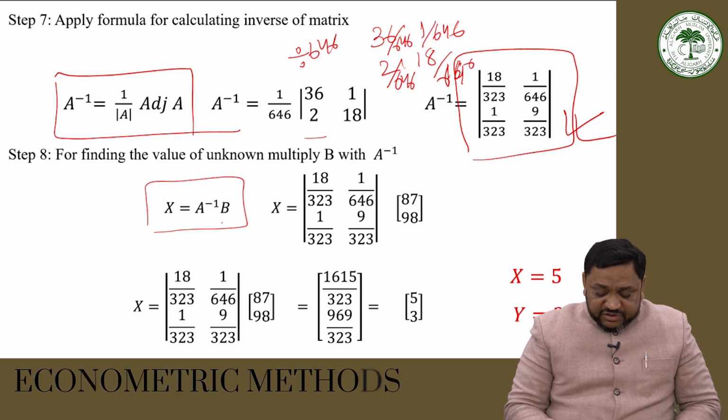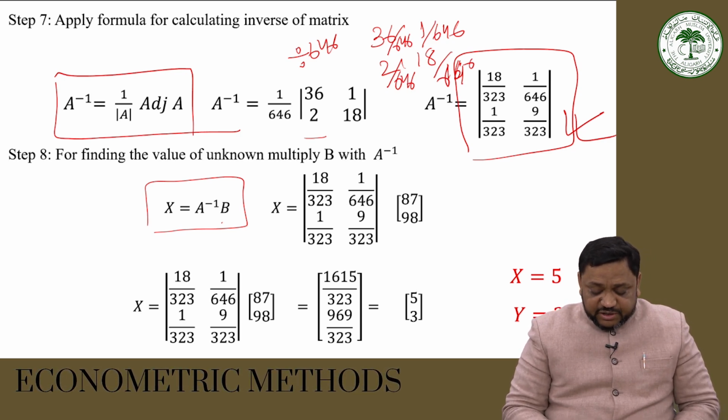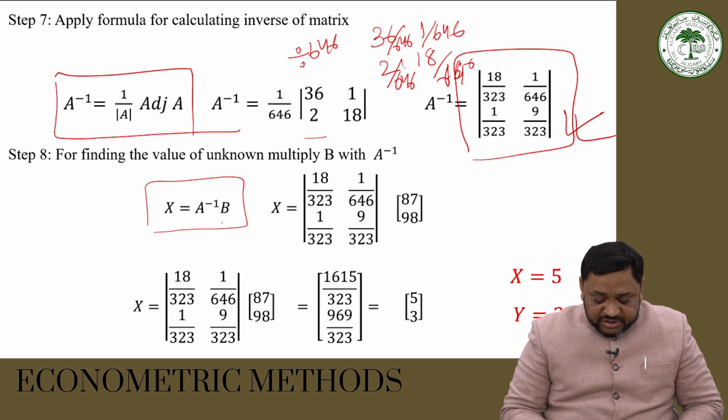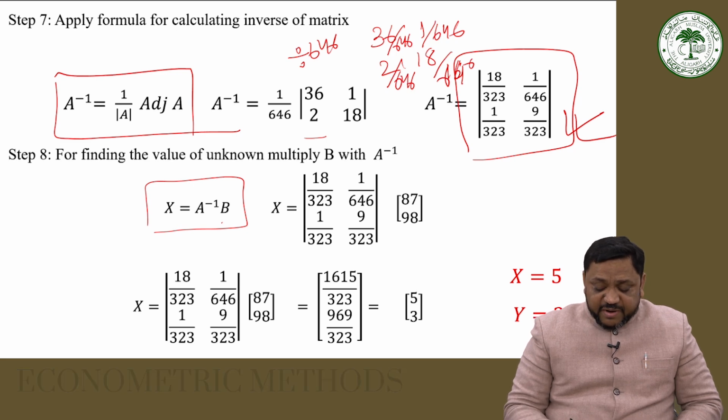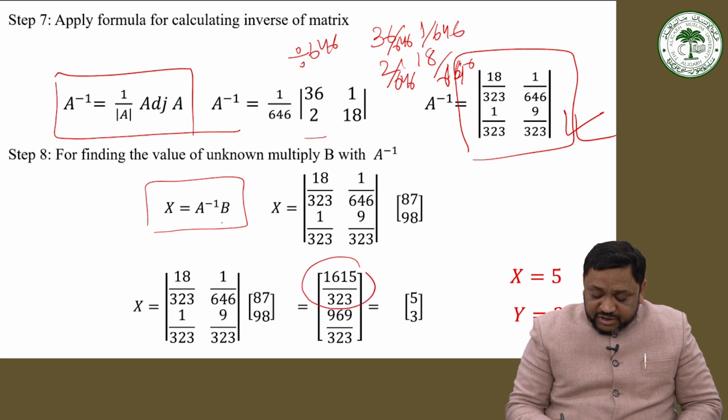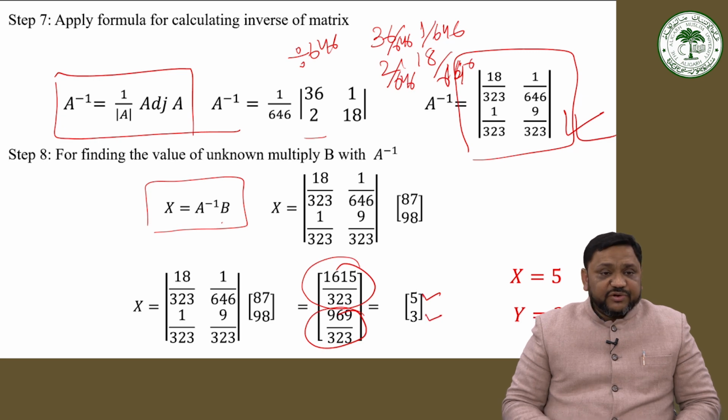Now we have the terms 18 divided by 323, 1 divided by 646, 1 divided by 323, 9 divided by 323, multiplied by 86 and 98. When we do this, we find one term is this, the next term is this. Upon dividing, we get 5 and 3.